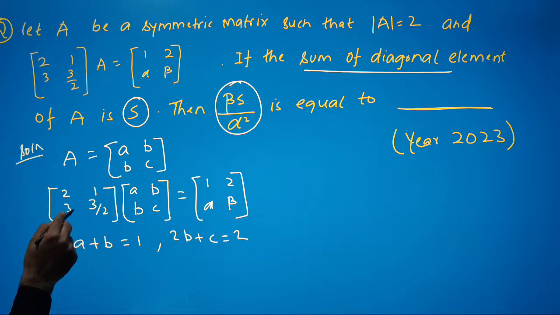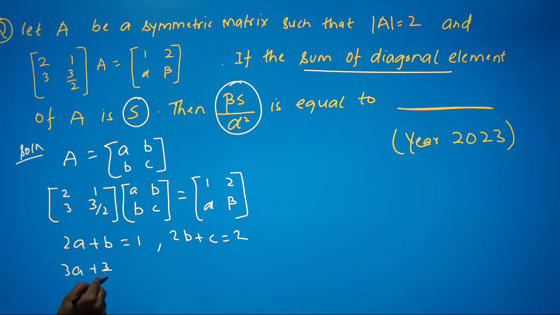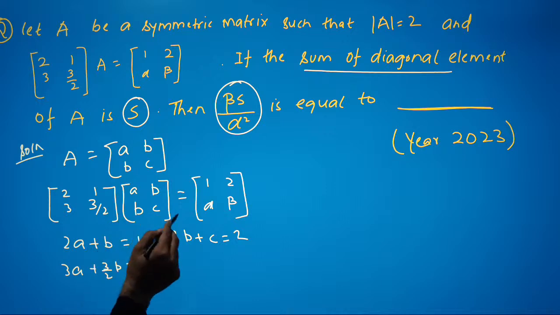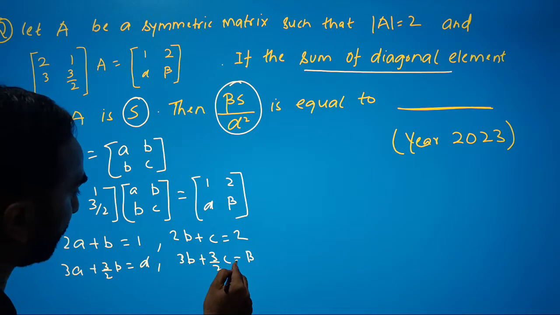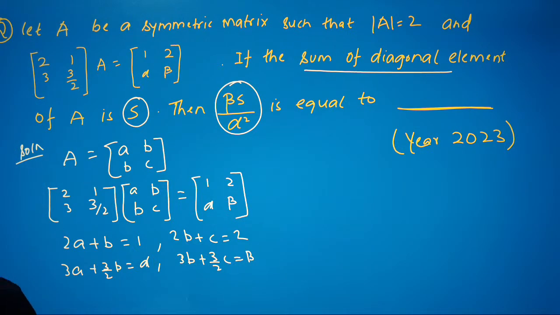Second row with the first column gives 3a plus 3/2 b, equal to alpha. Second row with the second column gives 3b plus 3/2 c, equal to beta. So these are the four equations we get from the matrix multiplication: 2a plus b is equal to 1, 2b plus c is equal to 2, 3a plus 3/2 b is equal to alpha, and 3b plus 3c/2 is equal to beta.